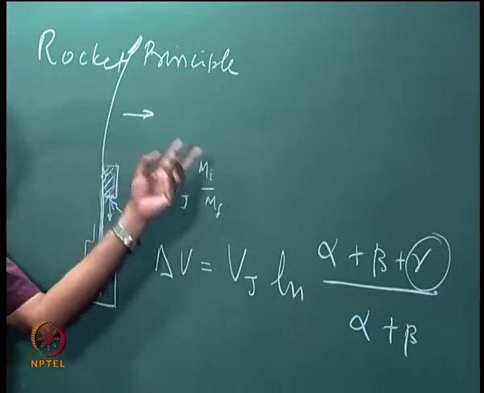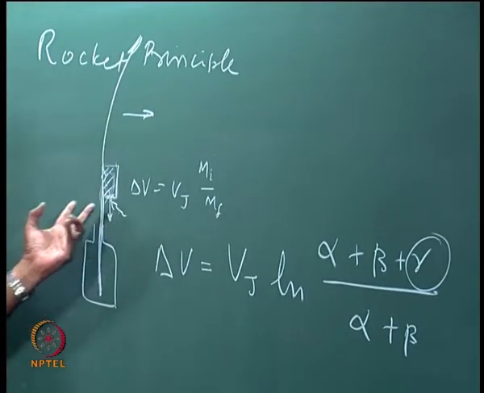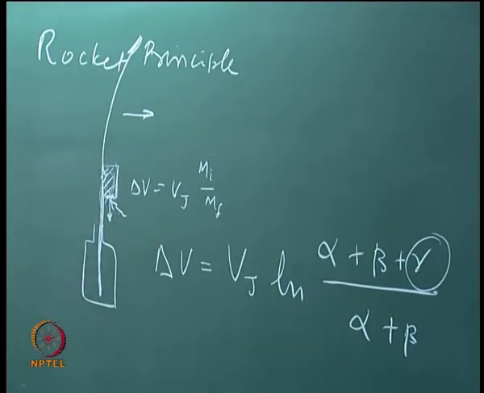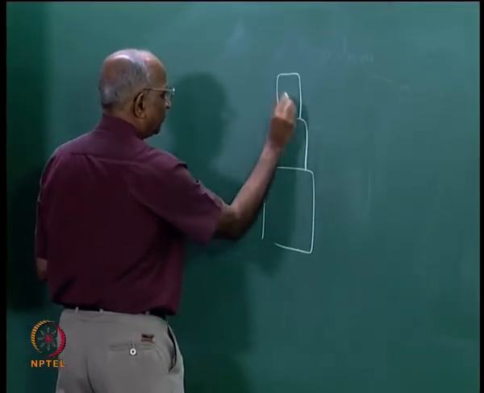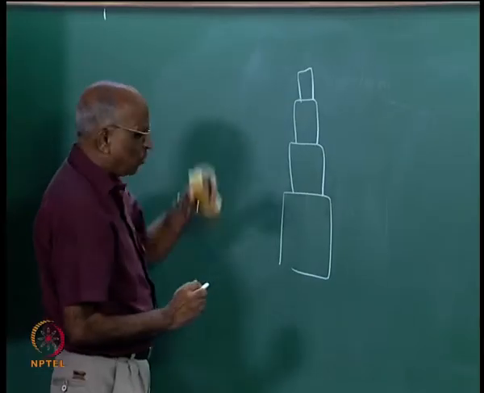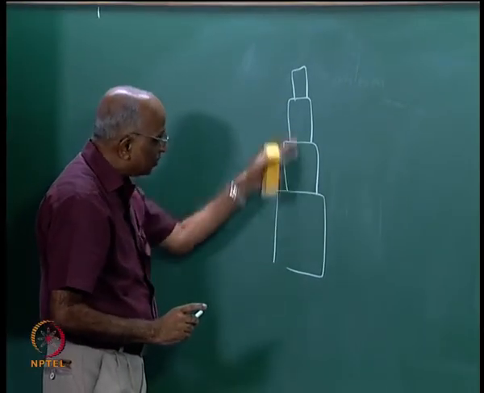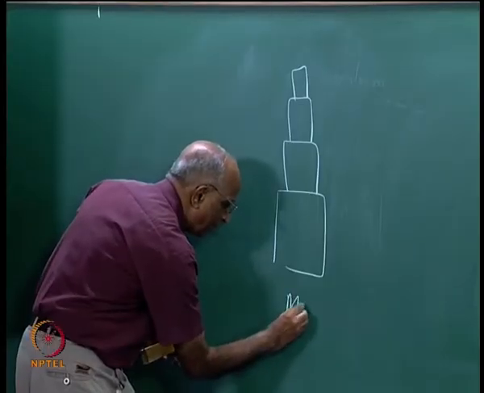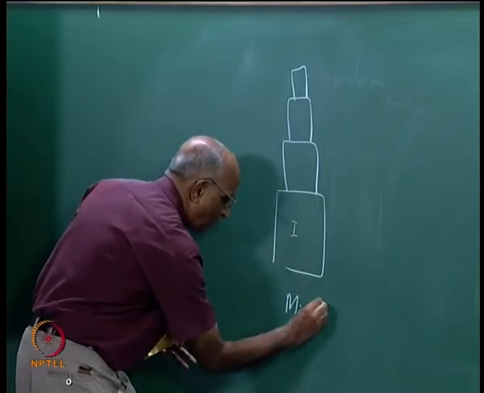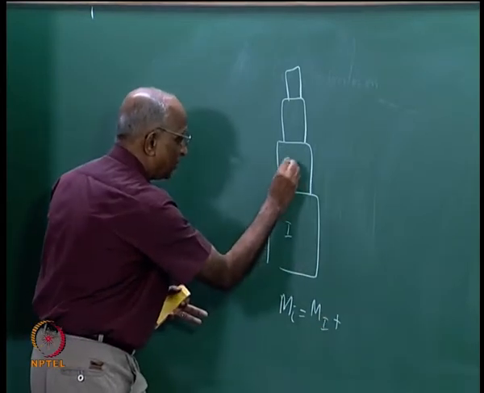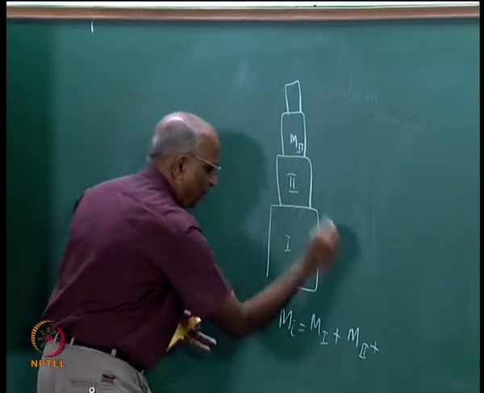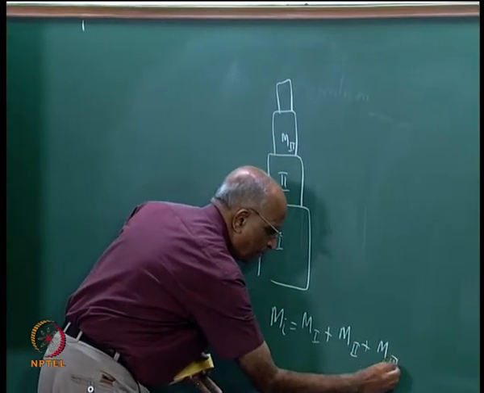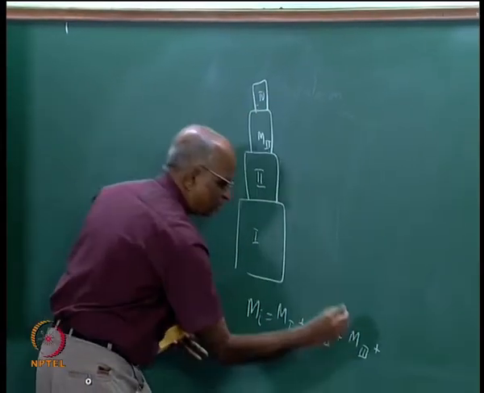And in fact, it is not only in the Deepavali rocket that it is small, but if I were to look at another example, when I consider a rocket, I say we put stages, one stage after the other. Let us say I have a 4-stage rocket. The initial mass of this rocket, Mi, is going to be the first stage M1 plus the weight of the second stage M2 plus the weight of the third stage which is M3 plus the weight of the fourth stage which is M4.